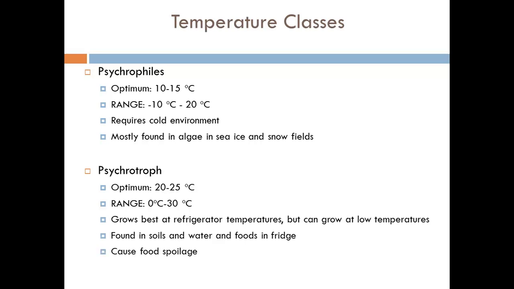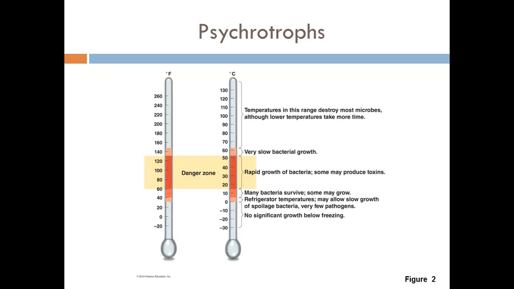They're found in soils, water, and foods in the fridge, and they can cause food spoilage in refrigerators. They do not cause disease in humans because they cannot survive at body temperatures. So this is a picture showing you the temperature ranges in which certain organisms or psychotrophs will grow.